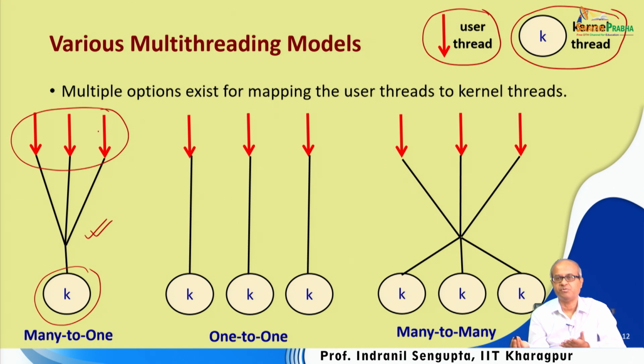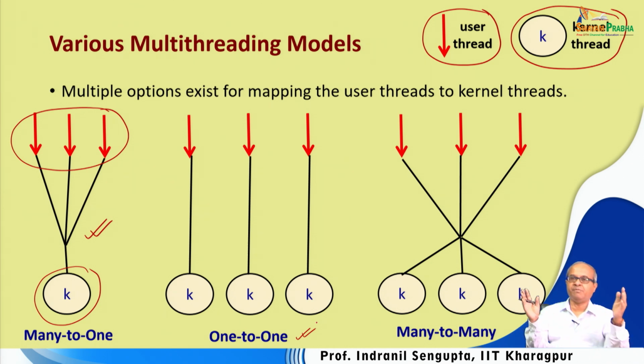So, thread and process do not make much difference, but modern day operating systems support one of the other two, some support both. First one is one to one. The idea is the kernel gives support for many kernel level threads, and through a user level thread library, the user applications are also creating multiple threads.